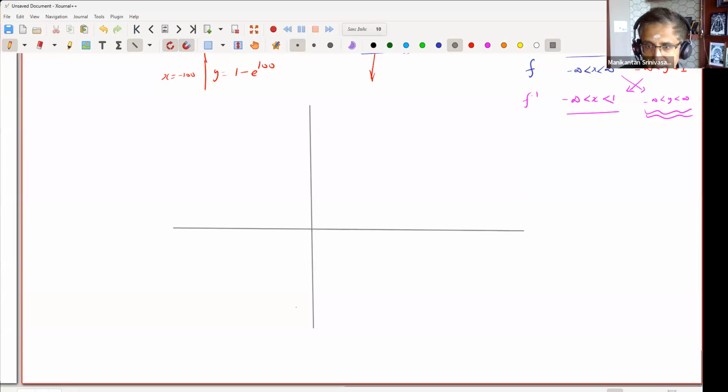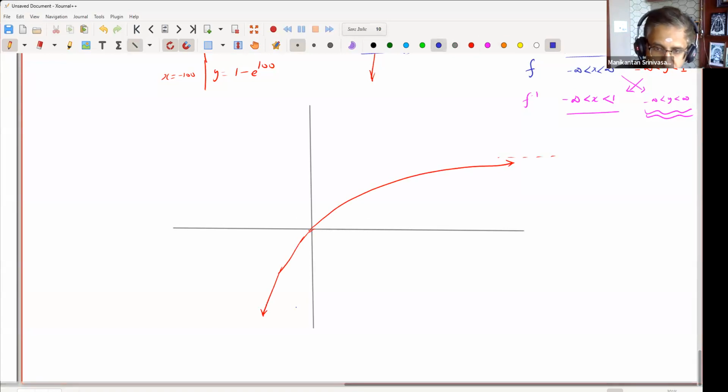x-axis, y-axis. Okay. The original graph was like this, approaching y equal to 1 and approaching negative infinity like this and passing through 0, 0. Now we'll draw the line y equal to x here, 45-degree line, passing through origin.